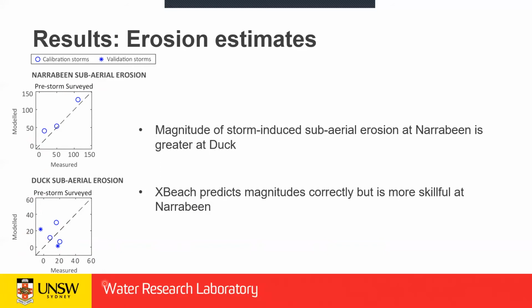Because the morphodynamic response of these two study sites is quite different to the storm events. So even with that being the case, we see that XBeach is able to predict the magnitude approximately correctly and doesn't significantly overestimate the erosion.